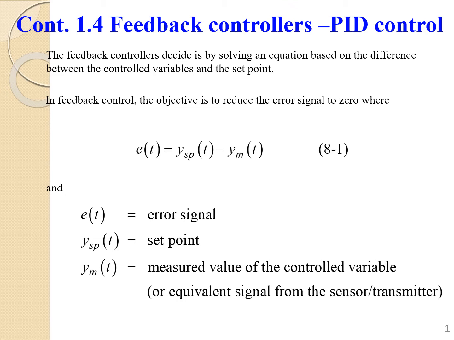That error comes from the set point minus the measured variable from the control variable. So basically this is the equation to calculate the error.